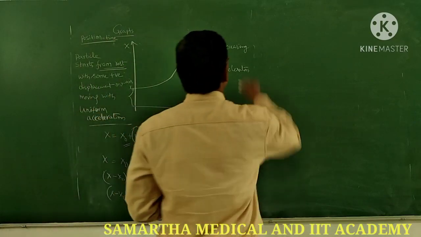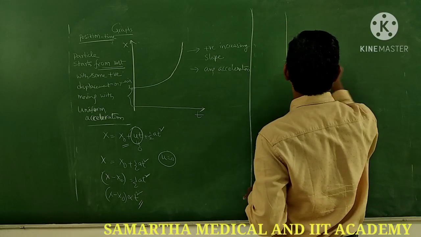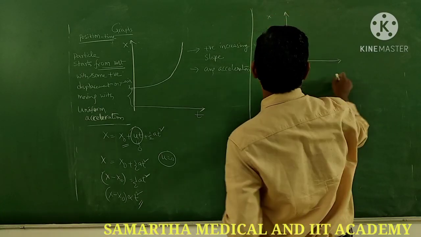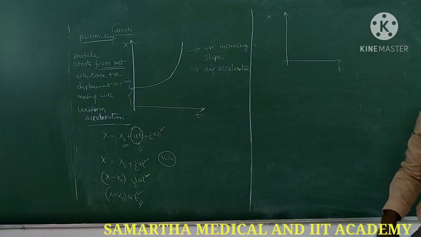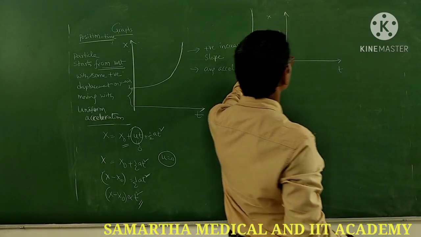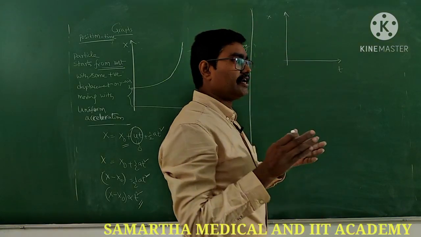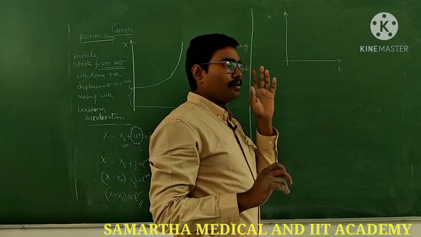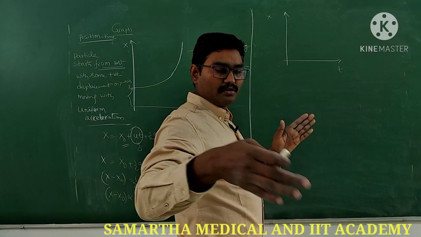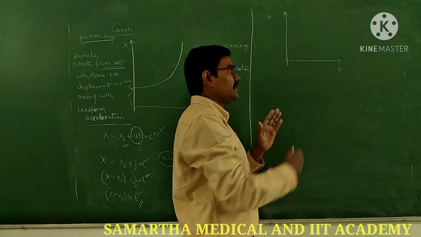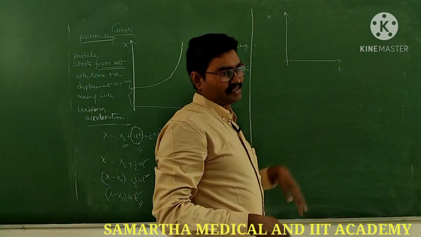If you take a particle position time graph, next one: the particle is already moving, but from the origin, I am taking already along negative x-axis, negative value, it is moving and reaches the origin, and after that it is going with decreasing acceleration, retardation.